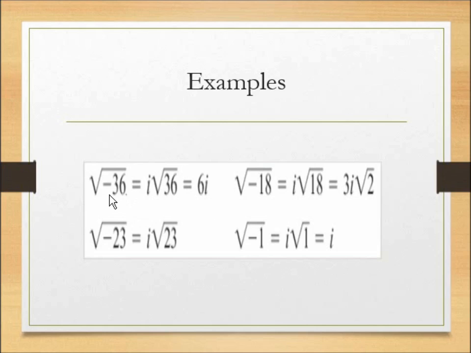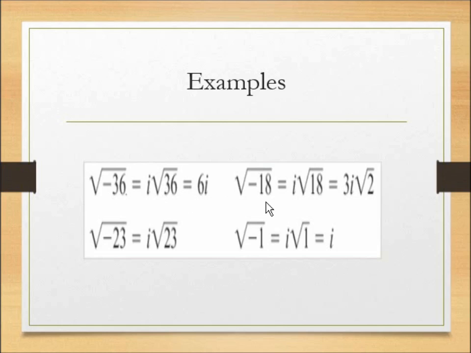We see that it is -36. In order to remove this negative, we will write i outside the radical. That removes the negative from inside the radical, and we have i over here. So this is the square root of 36 with i on the outside. That will become 6i. So this is how you find the answer to this.